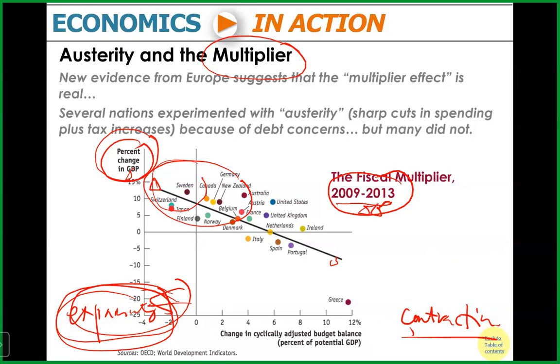So one is qualitative: if you go in this direction, you're going to experience high growth. The other is quantitative: this curve shows you the relation. The stronger you stimulate your economy, the higher the growth. All right, this is what we learned from this picture. But then, what is particular about 2009 to 2013?